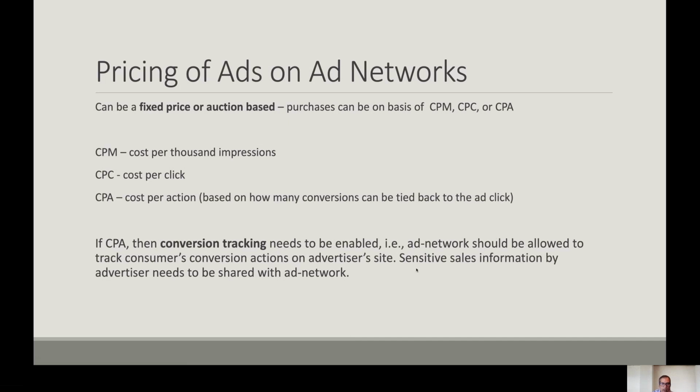And if such a tracking mechanism is not established, then the ad network has no way of billing this advertiser, right? And sometimes the advertisers are not willing to part with sensitive sales information. And that is why many times advertisers may not want to go with CPA kind of pricing. Rather, they would want to go with either CPM or CPC kind of pricing. Okay.